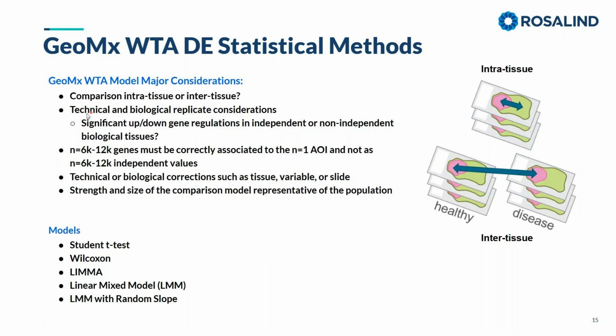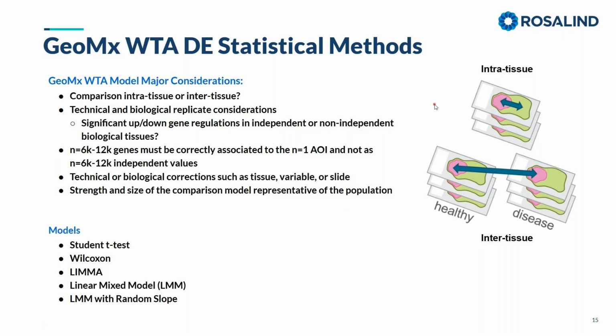This is something unique to spatial that makes this really important to understand. Most importantly, because what you're going to expect is this: if you have some significant up or down regulations in your genes, you need to understand that there are assumptions in a lot of tests, where you have independence versus non-independence.